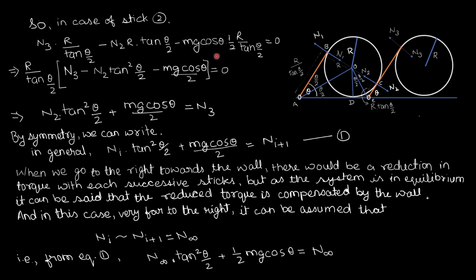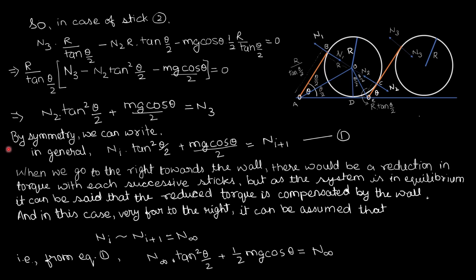If we take the common factor r by tan theta by 2, the equation becomes N2 into tan square theta by 2 plus half mg cos theta is equal to N3. By symmetry, we can write this in general terms as Ni into tan square theta by 2 plus half mg cos theta is equal to Ni plus 1. This is our equation 1.